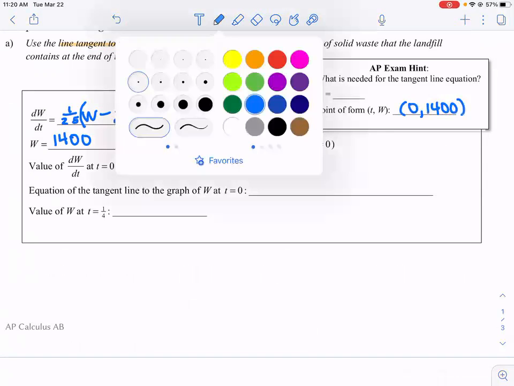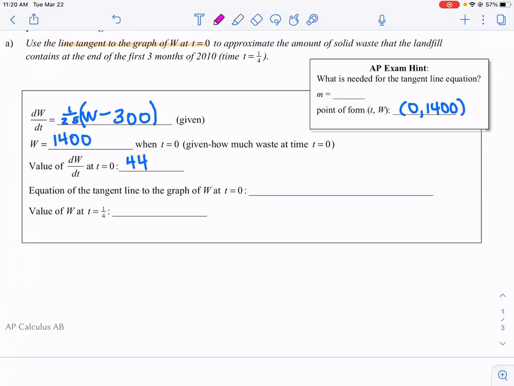Okay. Let's also talk about labels. W is in tons. dW/dt, what would that label be? Ooh, tons per year. Okay. So let's remember how to write the equation of a tangent line. Normally we would have y minus y1 equals slope times x minus x1. People, we don't have x's and y's. Instead of y, what's our variable?